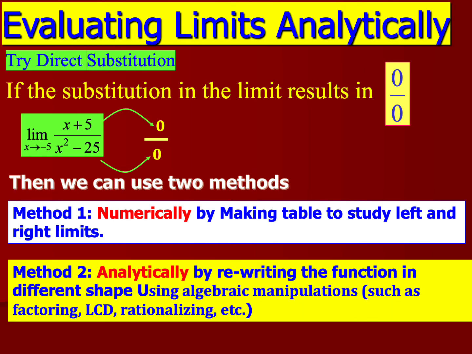But the new method is analytically, which is to rewrite the same function in a different way. We call it algebraic manipulation. We change the shape of the expression by either factoring or rationalizing or finding the LCD or many other methods according to the question.